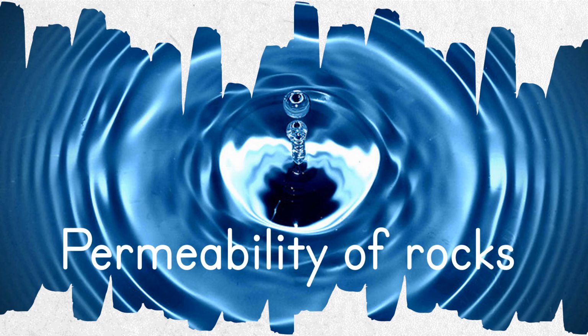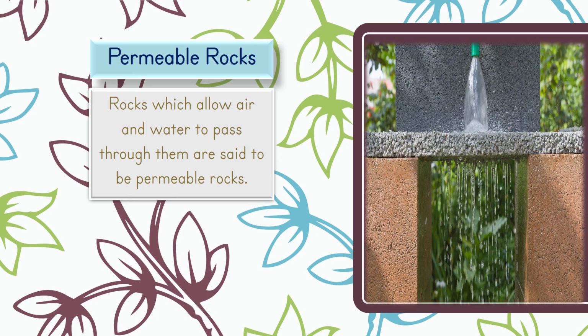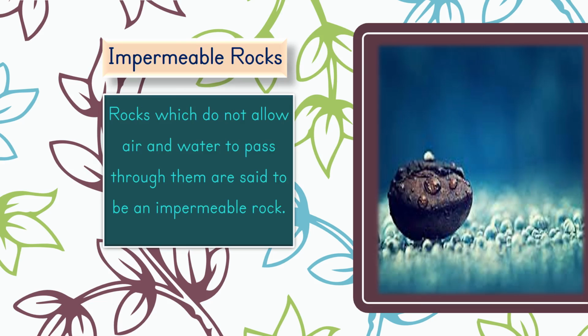Dear students, let's discuss the permeability of rocks. What are permeable rocks? The rocks which allow air and water to pass through them are said to be permeable rocks. For example, clay, sandstone, and limestone. What are impermeable rocks?